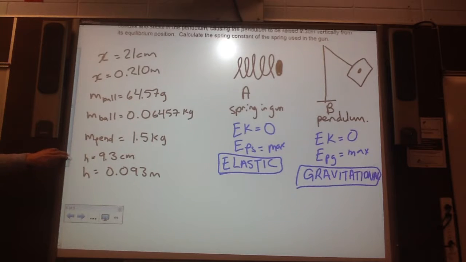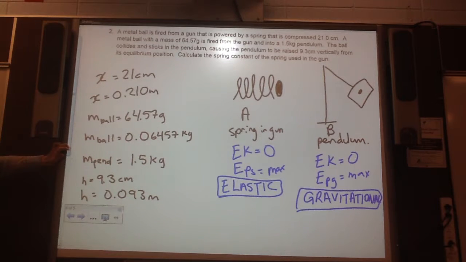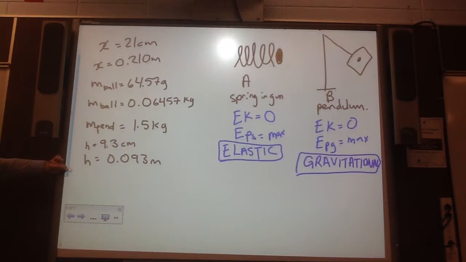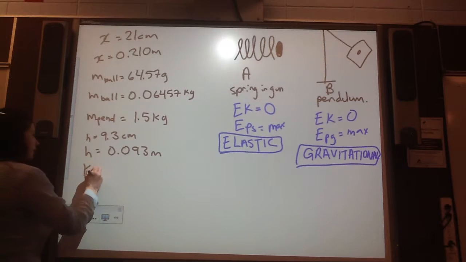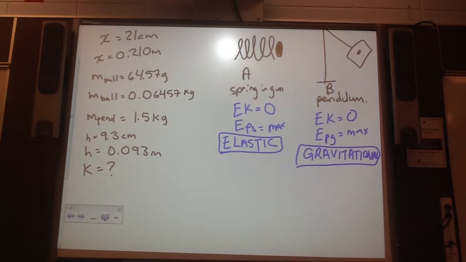So what am I even trying to find out here? Calculate the spring constant of the spring used in the gun. What variable is that? k. So we've got a lot of information to work with.